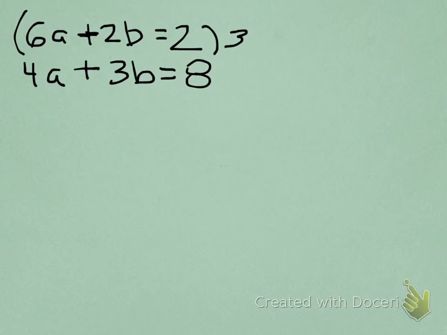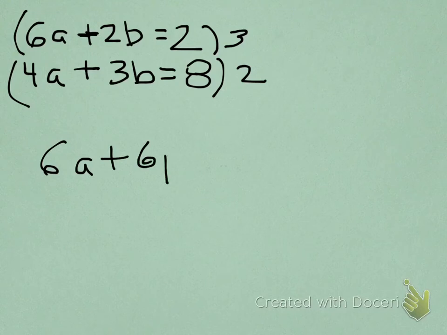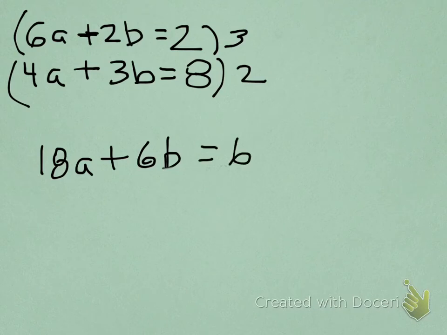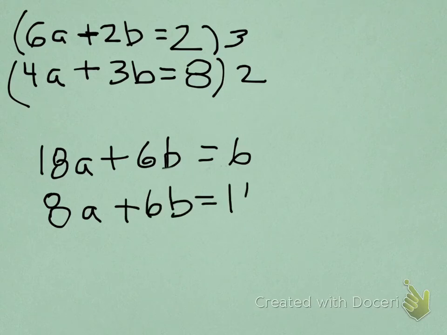So I multiply the top by 3 and the bottom by 2. I'm going to need to subtract to be able to cancel them out.